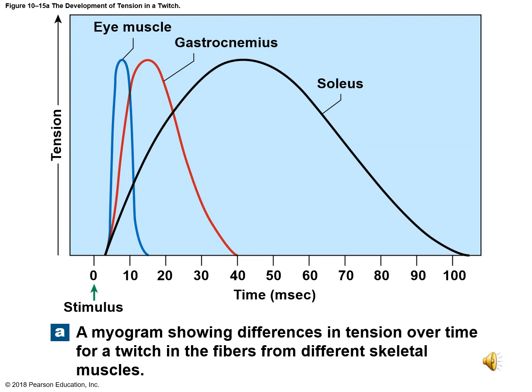And the extent of time a twitch will last will depend on the different muscles, because some muscles, like your eye muscles, only have a couple of muscle fibers responding to a twitch, whereas your gastrocnemius or soleus in the calf muscles will have more fibers responding, and therefore they will have a twitch that's a little bit stronger and will last a little bit longer.